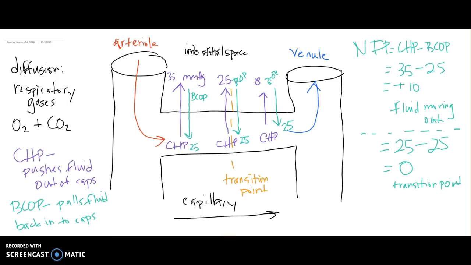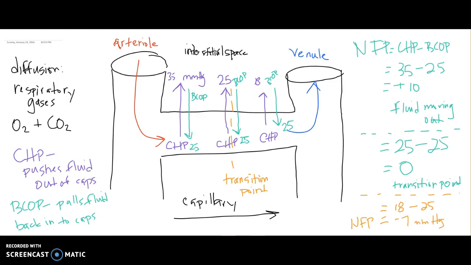If we take a look at the next mark, towards the venule end, the CHP is 18 and the BCOP is still 25 millimeters of mercury, which means the net filtration pressure here is -7 millimeters of mercury.